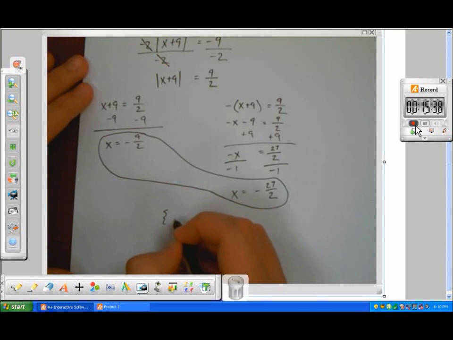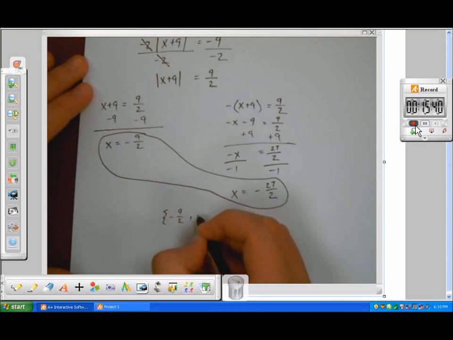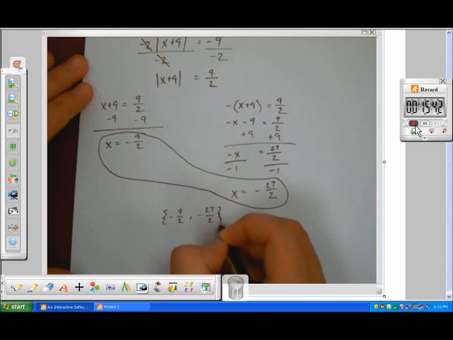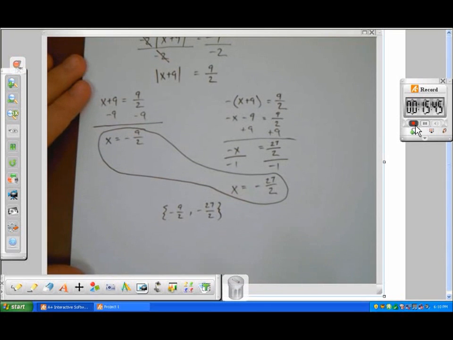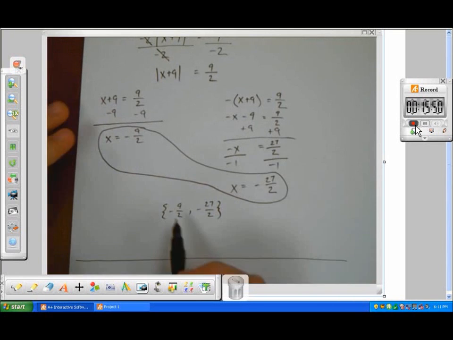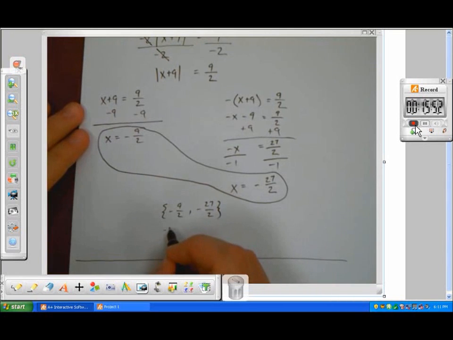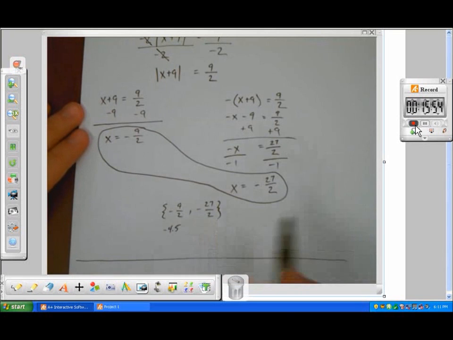Remember, we can write it in set notation, like that. Or we can write it on a number line. Negative 9 over 2 is about negative 4.5. And negative 27 over 2 is negative 13.5. So here's 0, 1, 2, 3, 4, negative 5, negative 6, and so on down to negative 15.